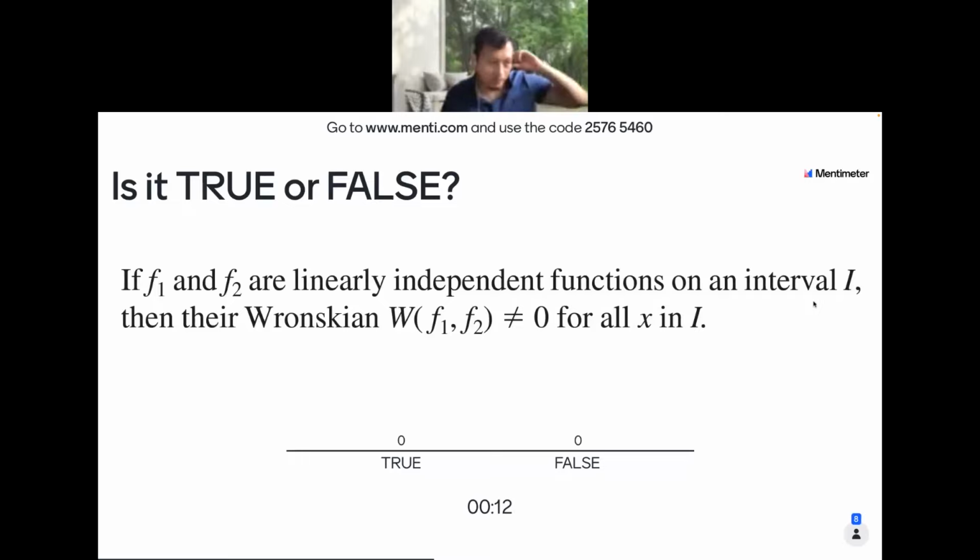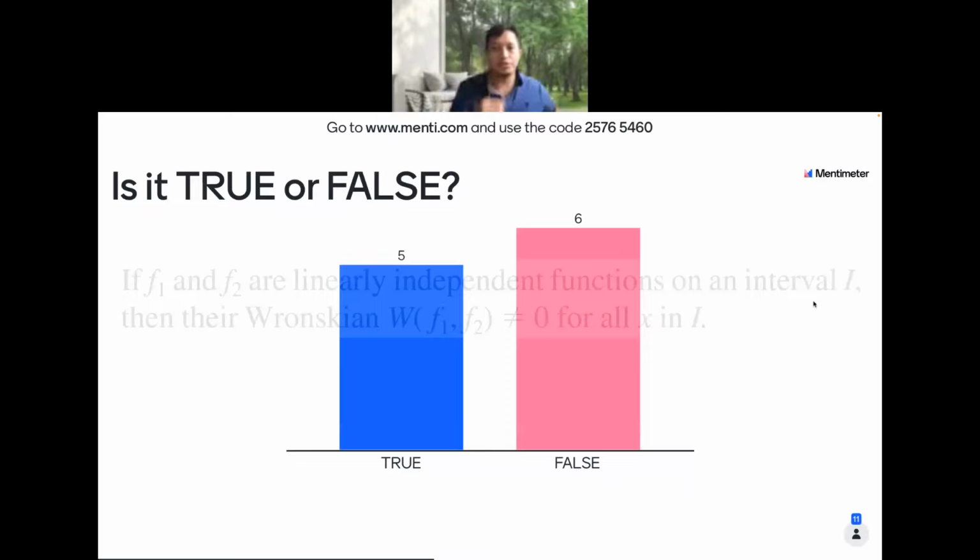What kind of Wronskian do we need to make the functions linearly independent? It's true. To be linearly independent, the Wronskian is not equal to 0.